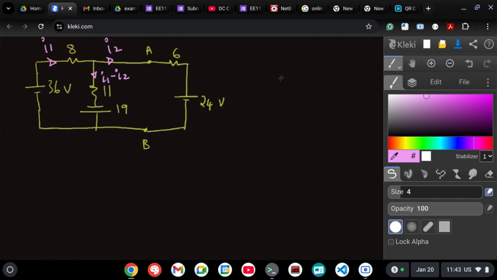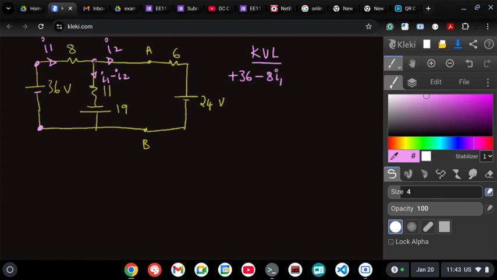Now, Kirchhoff's voltage law for the first loop. I start at this corner, go upwards, so I'm gaining 36 volts, plus 36. Now going here, because I'm going in the same direction of the current, I am losing voltage, so minus 8 into I1.